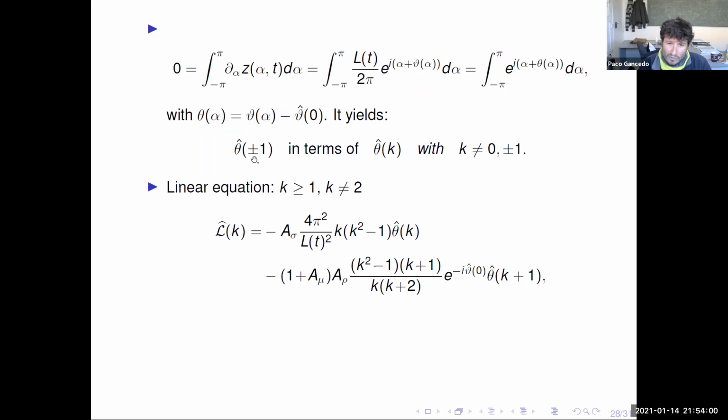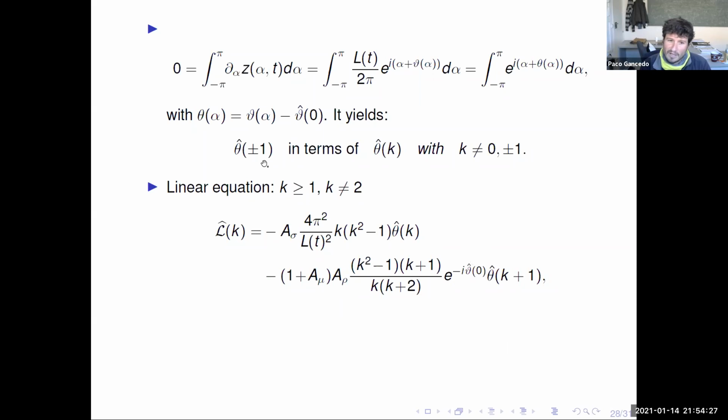It is possible to get the 1 and -1 Fourier coefficients of theta in terms of the others. And this is good, because at the linear level, when we do a lot of math, this is very hard work, we get the dissipation, and you can see that there is no dissipation for the 1 and -1 Fourier modes.